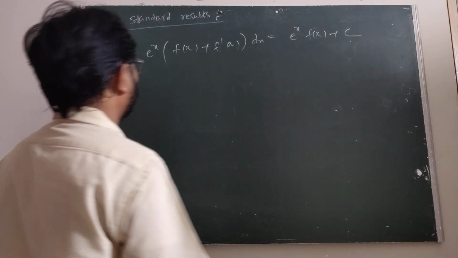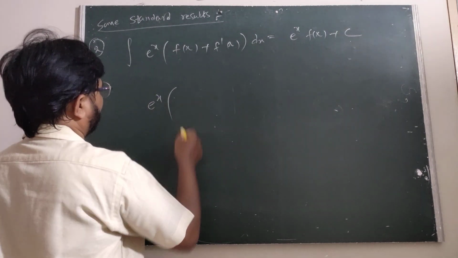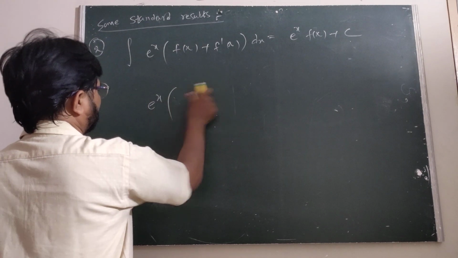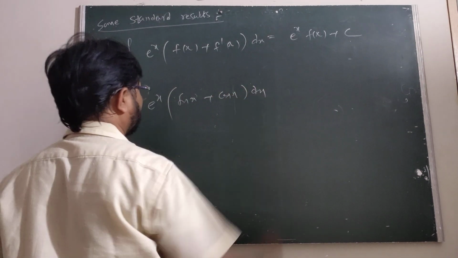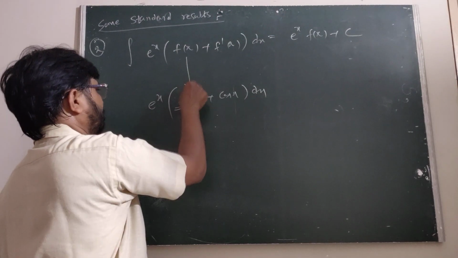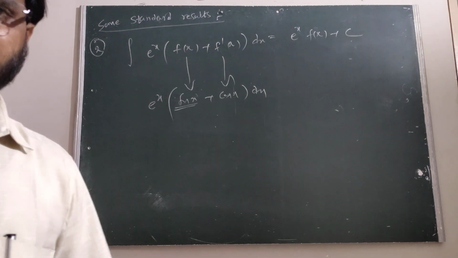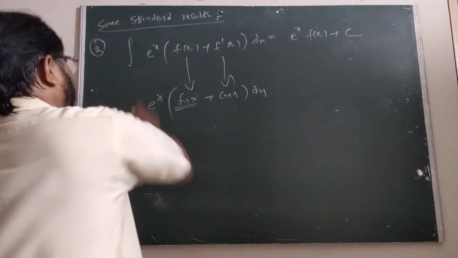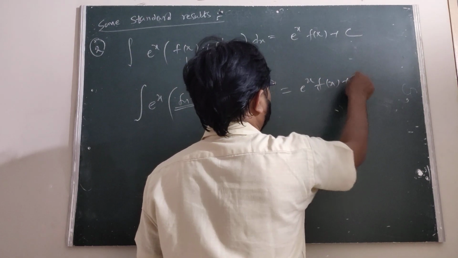Now, for example, e power x into sin x plus cos x. How to evaluate this one? This is the f of x and this is the f dash of x. The derivative of sin x is cos x. What is the form here? e power x into f of x plus c.